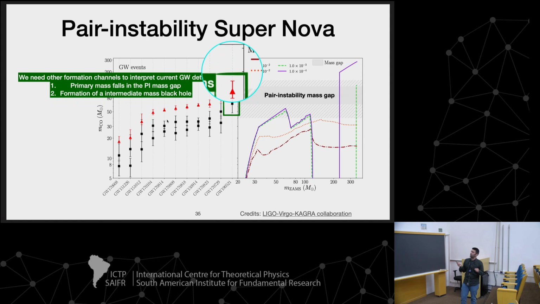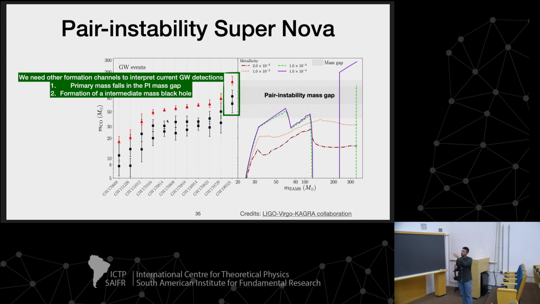And the final black hole, the red dot, is an intermediate mass black hole, because that black hole has a mass above 100 solar masses. You talk about stellar mass black holes below 100 solar masses. Between 100 solar masses and 10,000 solar masses, you're talking about intermediate mass black holes.